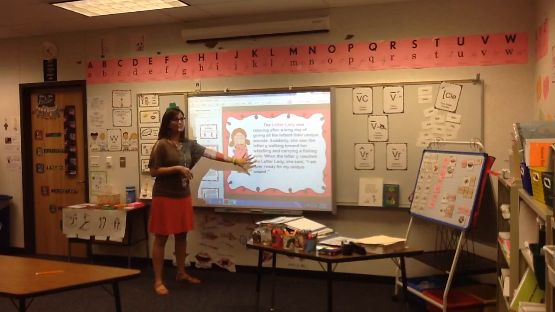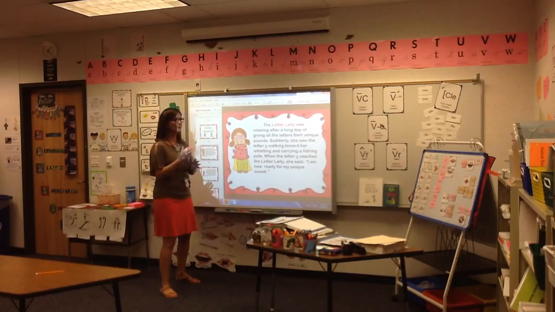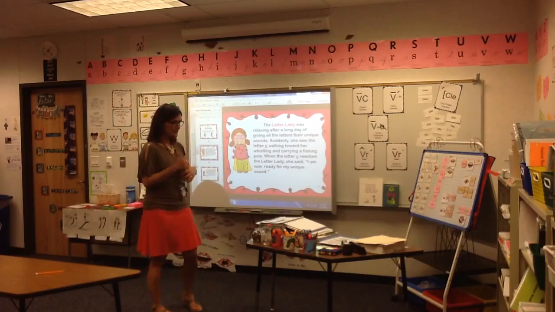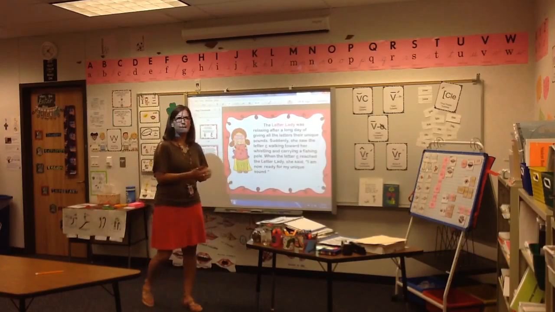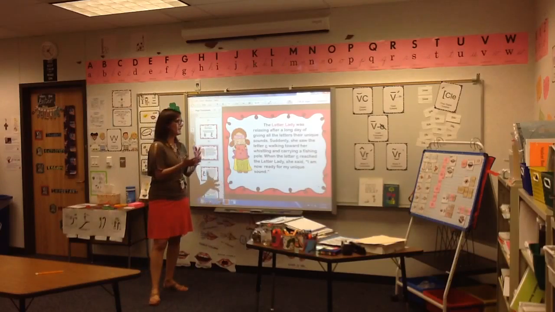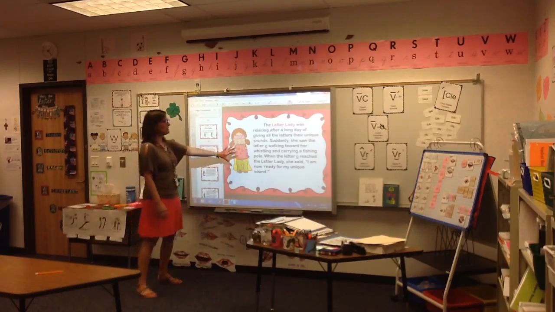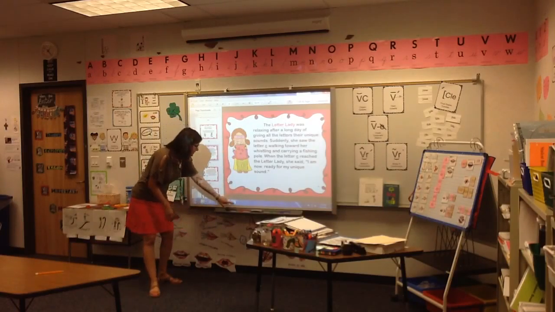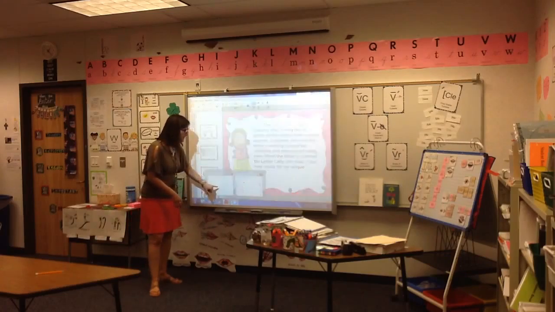These are absolutely perfect if you have struggling kiddos, or if you're just introducing sounds to the students, their alphabet in pre-K, and wanting them to make connections between sounds and letters. This is a great tool to use along with whatever other curriculum you are using. So, two great things to use.